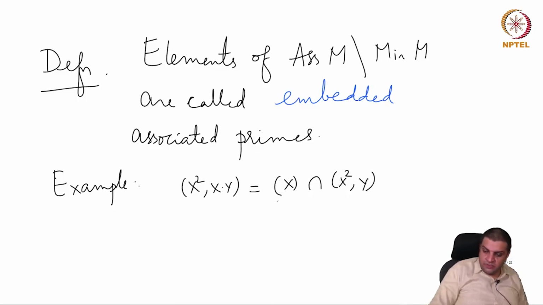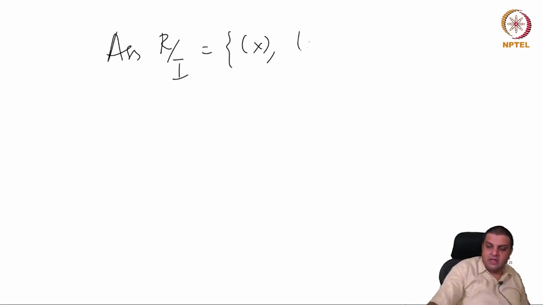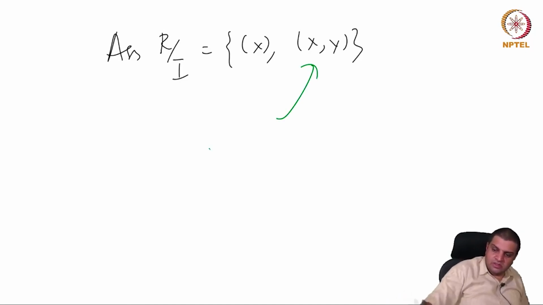The minimal prime of R mod I, this is the previous example, is just this prime, while the associated primes are the prime ideal (x) and the prime ideal (x, y). And this is an embedded prime.